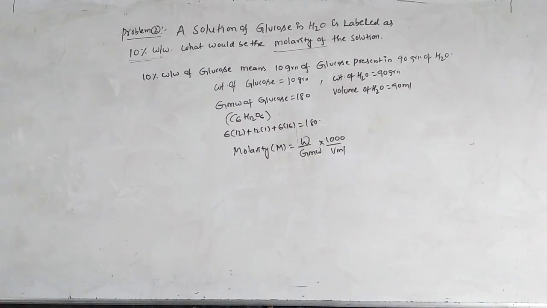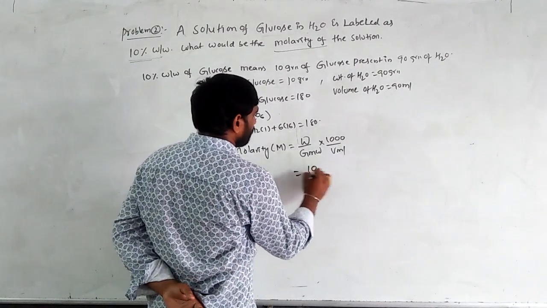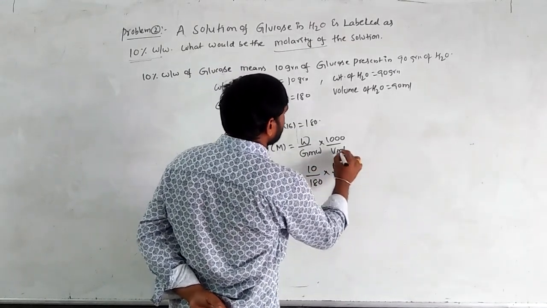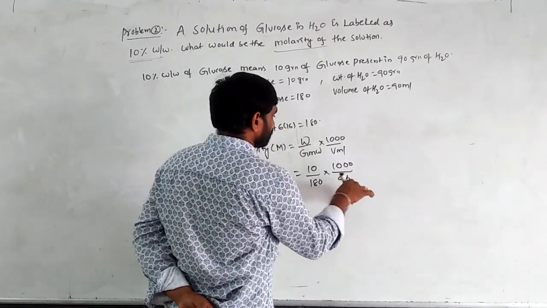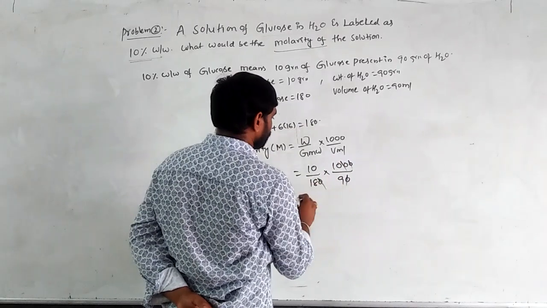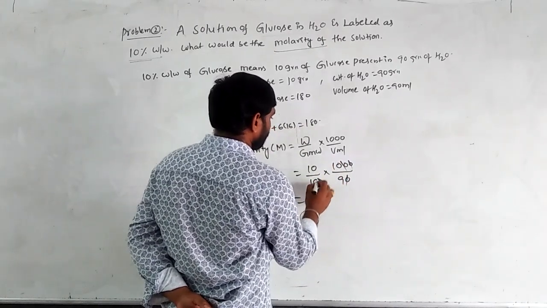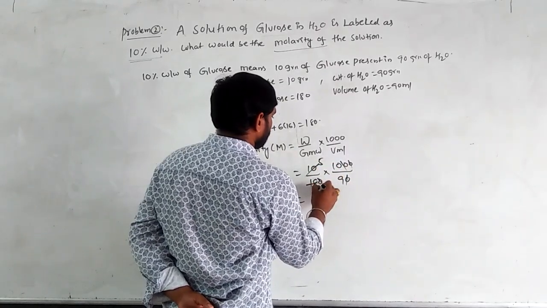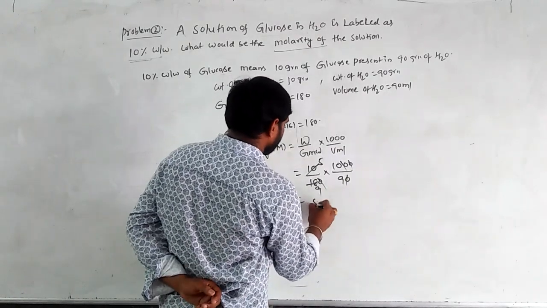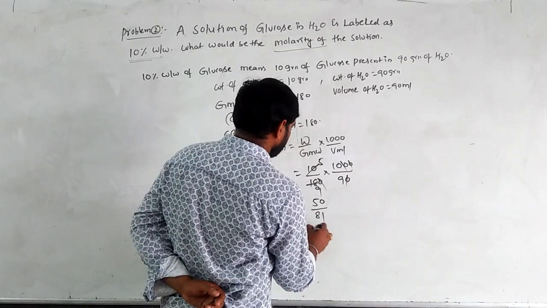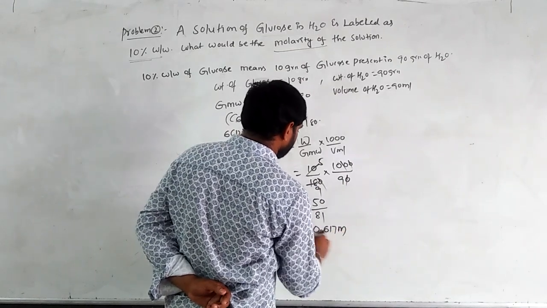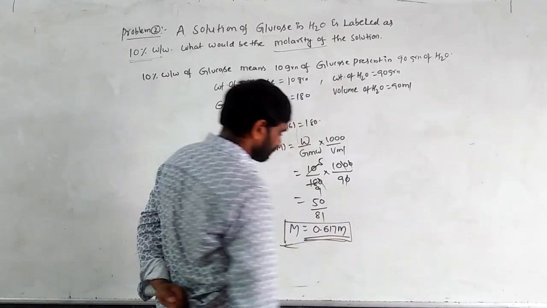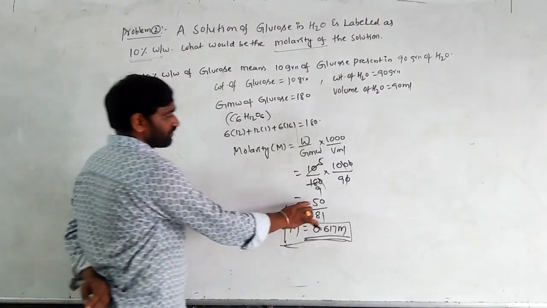So, weight is 10 grams. 10 by the gram molecular weight of glucose 180 into 1000 by V, 90 ml. Cancelling zeros, 100 by 2 into 90, that is 50 by 81.